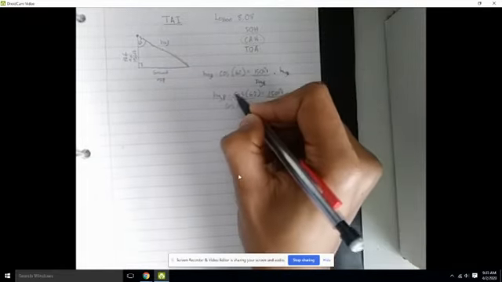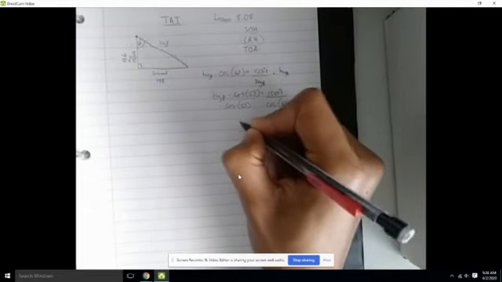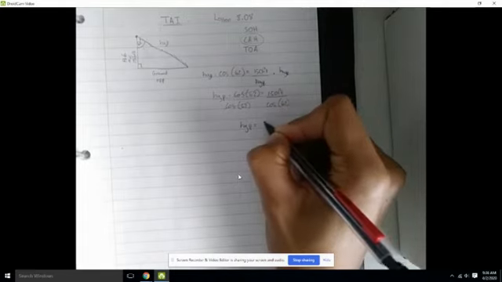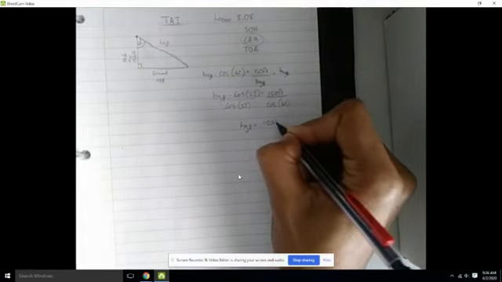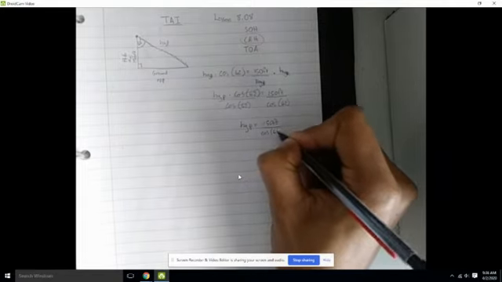Okay, and this would cancel with this one. So our hypotenuse would be equal to 150 feet divided by the cosine of 62.